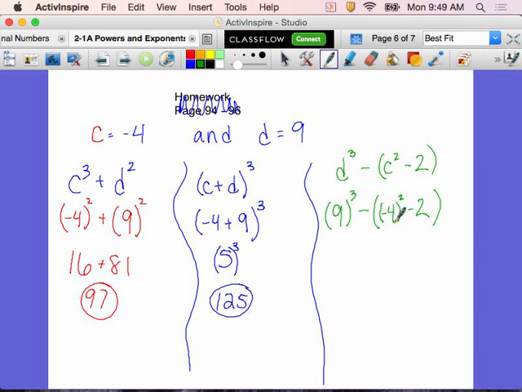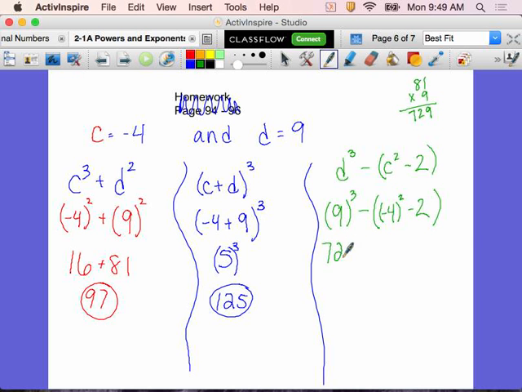Alright, so I need to think about order of operations here. I got to do my group. In my group, I've got to do my power. So, and I could do this power outside here. 9 to the third power, which is, let's see, well, it's 81 times 9. 9 times 1 is 9. 9 times 8 is 72. So 729.